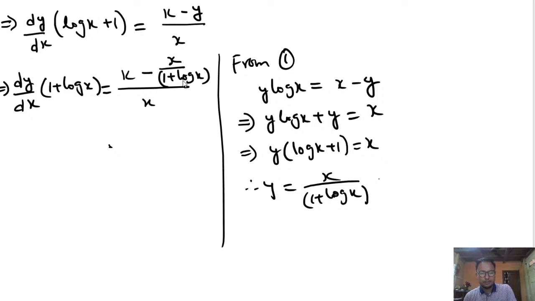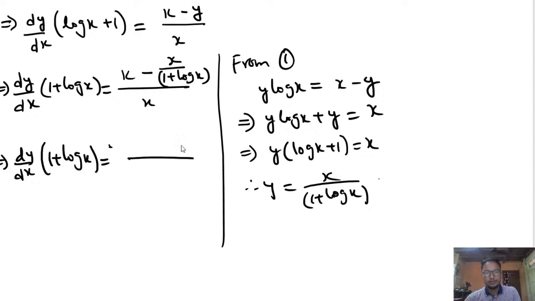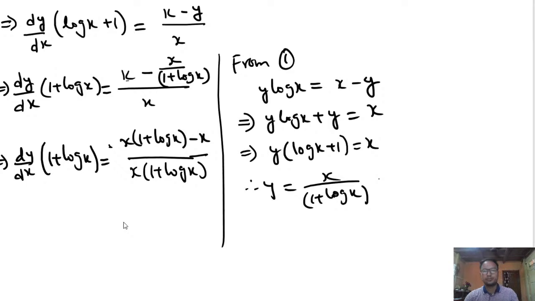Anyway, there is a shortcut. Take the LCM, which is 1 plus log x: x into 1 plus log of x minus x. This is the easy calculation.